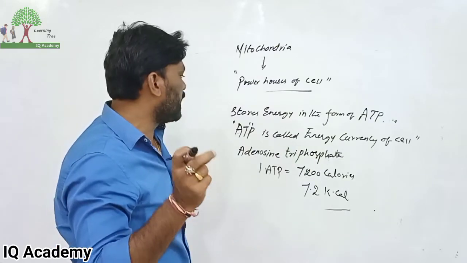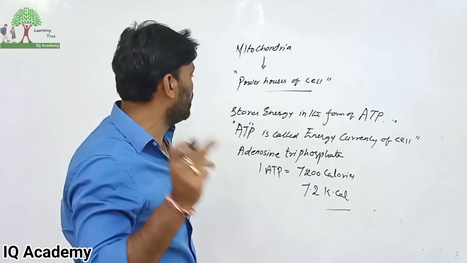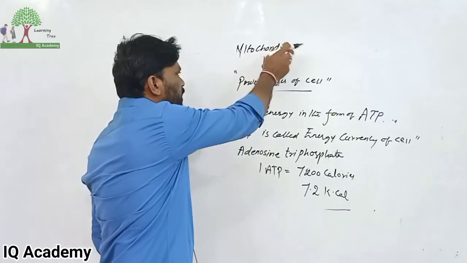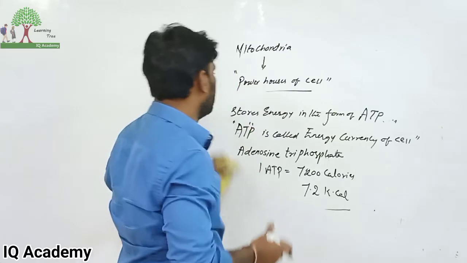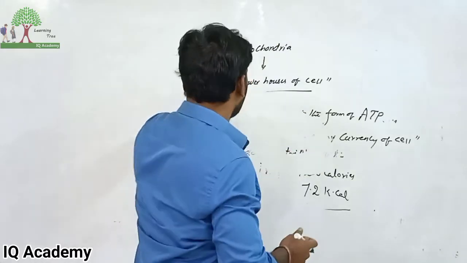ATP is called the energy currency of the cell, and the mitochondria stores the energy in the form of ATP. Now we discuss the structure of mitochondria.